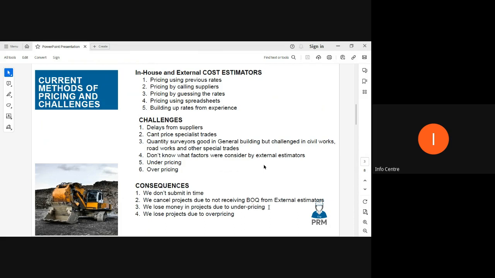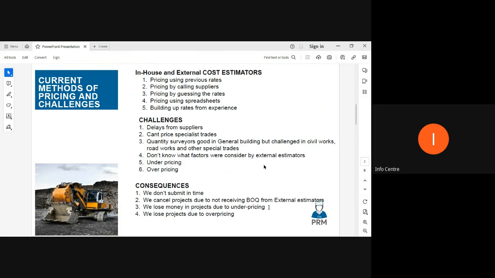I'm sure that most of us have experienced this in small scales, in medium scales, and sometimes in large scales, where sometimes a project is abandoned because we realize that we're not making money anymore in these projects. Therefore, you forfeit it halfway through it. It's a very bad one for our reputation as a company.